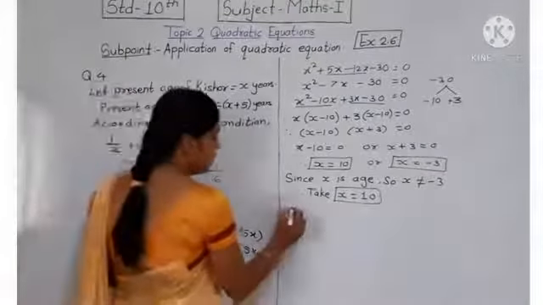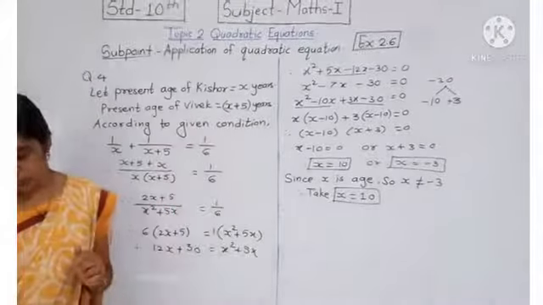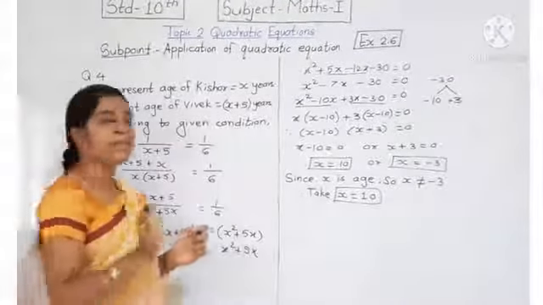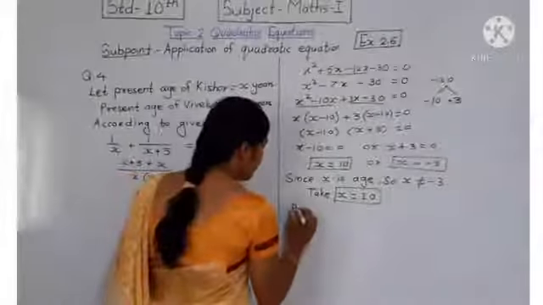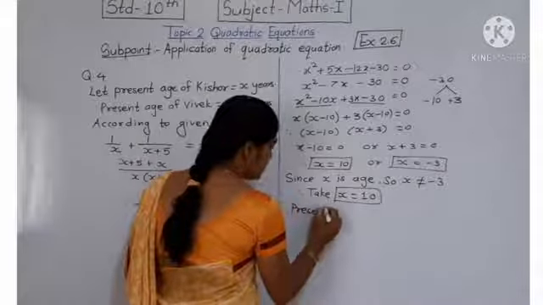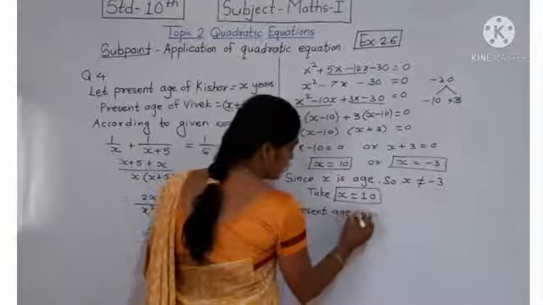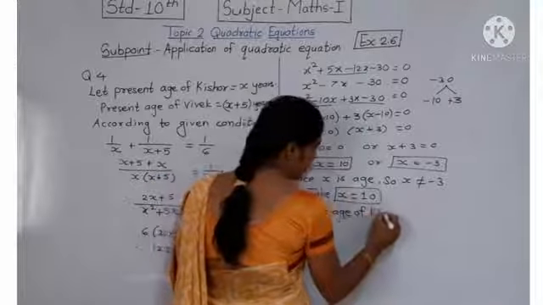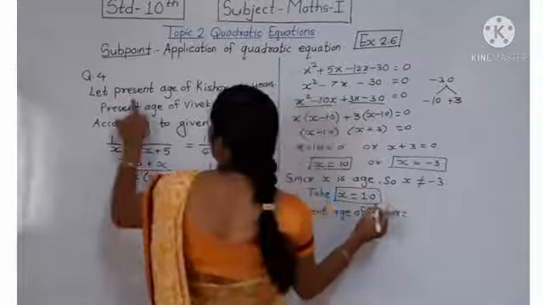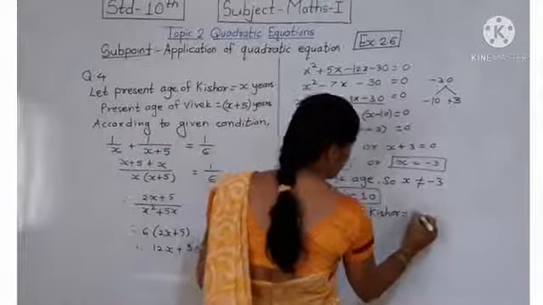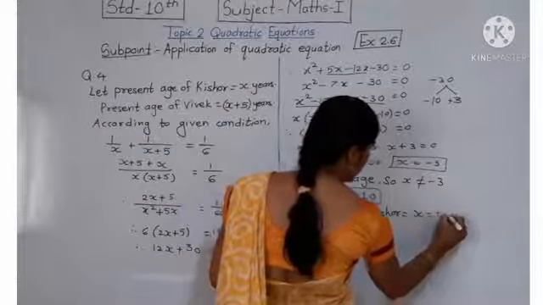Therefore, we had the question: given, find their present age. Therefore, the present age of Kishore is x, which is equal to 10 years.